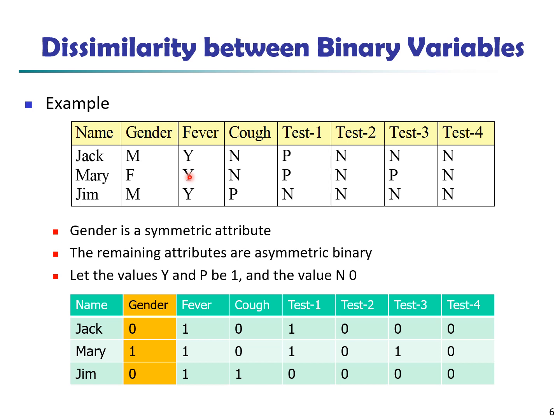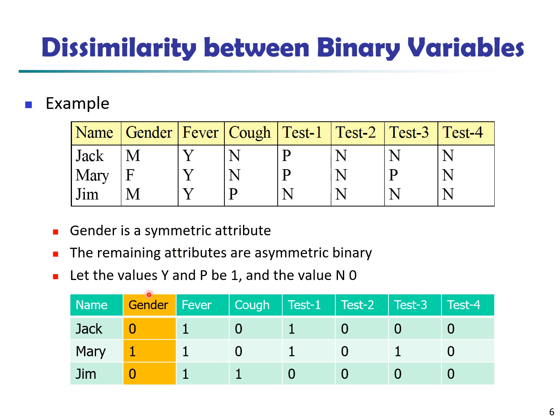So yes, in terms of fever, is important, and no is not as important as yes. We also have cough as negative, positive. Also positive is more important than negative. Also the test results for test 1, test 2, test 3, their values in terms of negative and positive are important. So this means that fever, cough, test 1, test 2, test 3, and test 4 are all asymmetric attributes, while gender is a symmetric attribute.